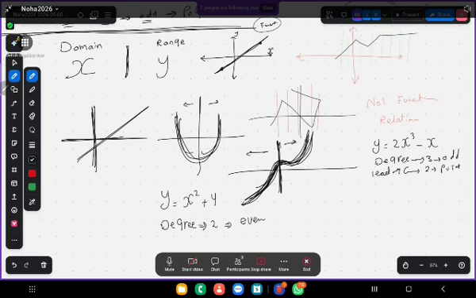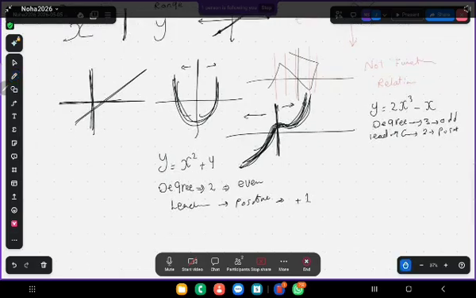So the degree is 2, so it's even, so I'm going up. But with one condition, that my leading coefficient must be positive, because my leading coefficient here is plus 1, or positive 1. So it's positive, so you are going up. Did you know what I mean? I know what you mean.